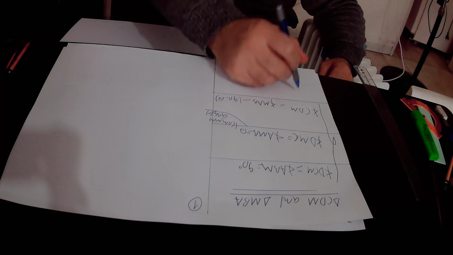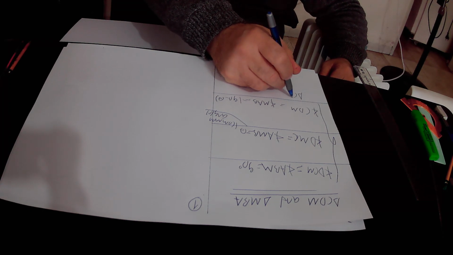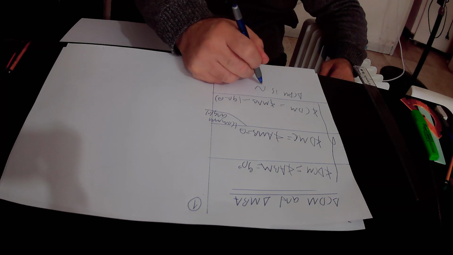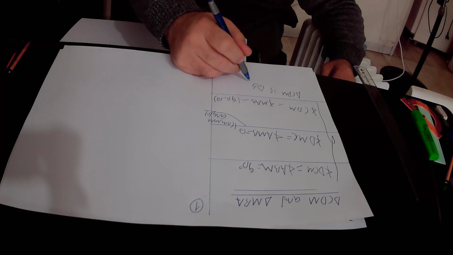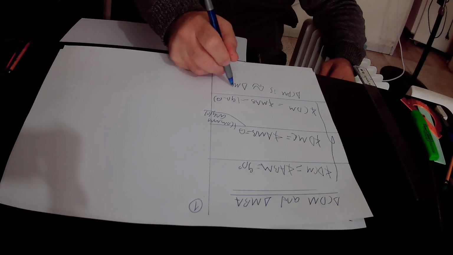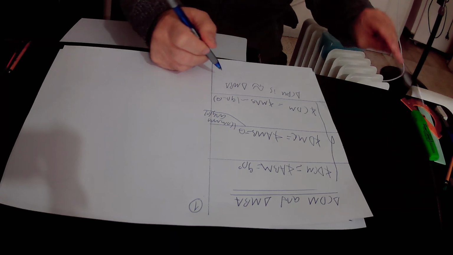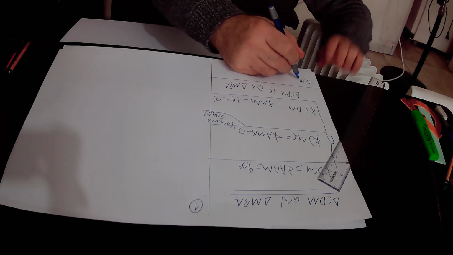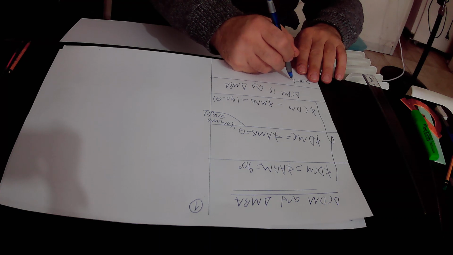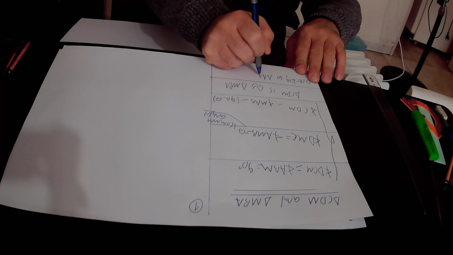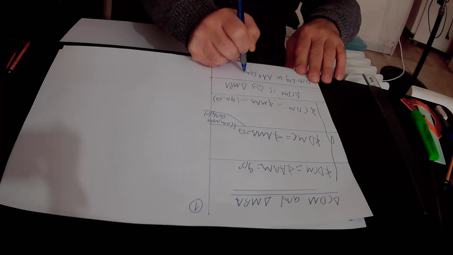So write it down. We actually proved that the right big triangle CDM is similar, this is the sign of similar, to the right small triangle MBA, according to angle similarity rule.